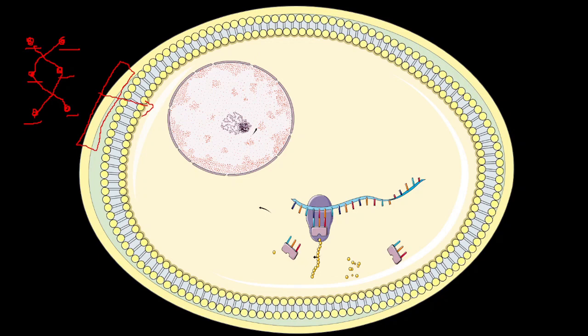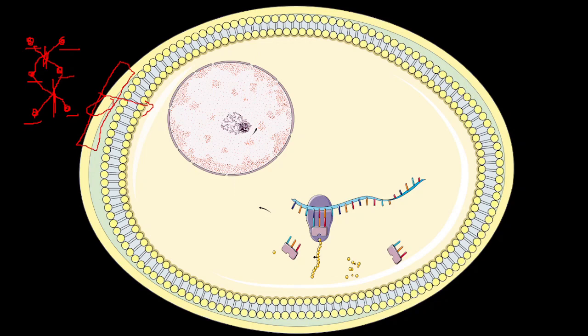So it cross links like this, and then it forms this layer. So if you're going to decrease the cross linkage, so you're going to break this, is it going to form a peptidoglycan layer to protect the bacterium? No.